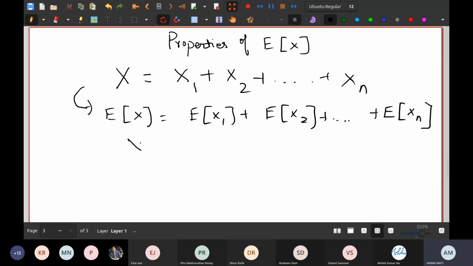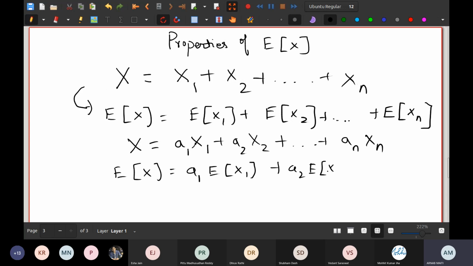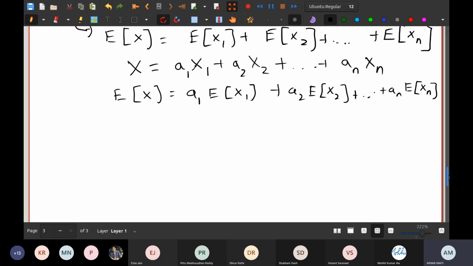A more general version is that, along with summation, it can come with some coefficients also. So your function can be a combination of some other functions in this fashion. Your expectation of x will be a1 times E[x1] plus a2 times E[x2] up to an times E[xn].